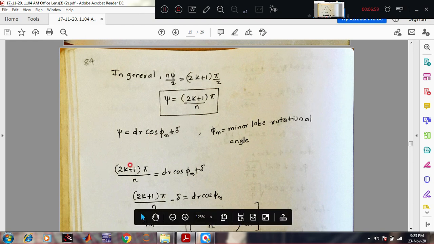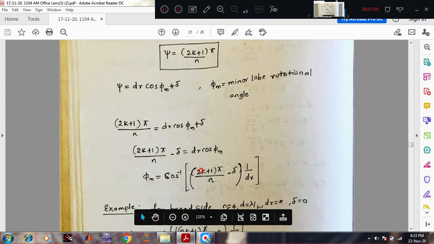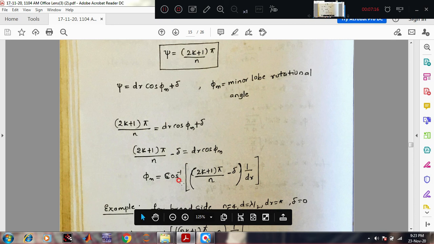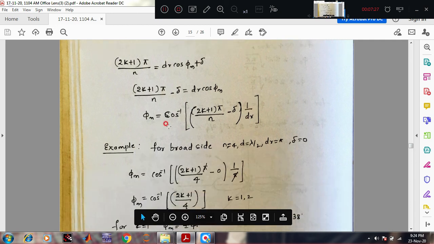So (2k+1)π/n is equal to dr cos φm plus δ. Therefore (2k+1)π/n minus δ is equal to dr cos φm, right? So therefore φm is equal to cos inverse of ((2k+1)π/n minus δ) divided by dr. So this is the angle.